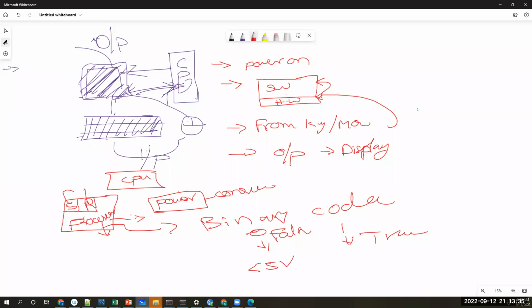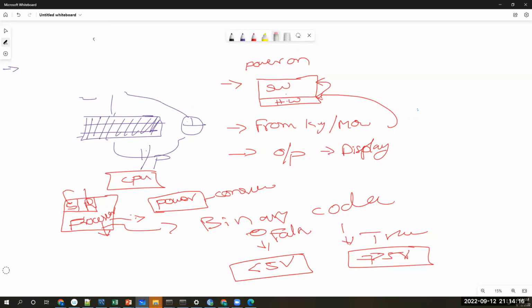Less than 5 volts, equal to or greater. All those machines are actually like a small device so that we can convert binary code into user language. Is that clear? Hello? Okay. Yes, sir. For example, now it is clear, right?